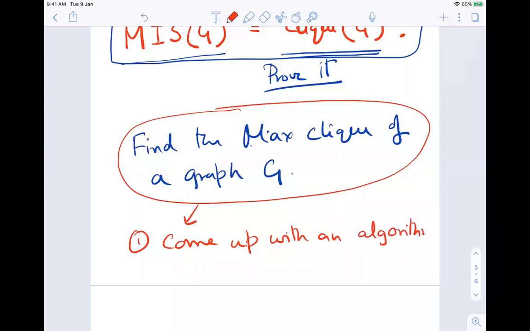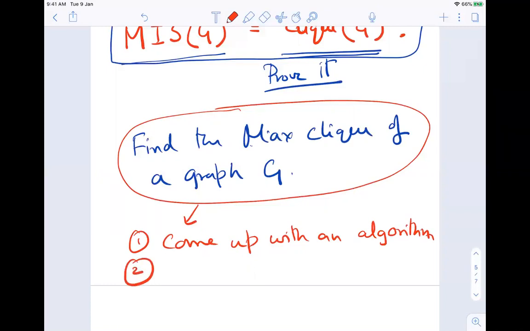Again, this is well defined because every graph will have a clique of size 1, right? Because one vertex is a clique of size 1. And if there is an edge, then there is a clique of size 2. The clique of size 2 is just an edge, right? So it has a lower bound, so it is well defined.